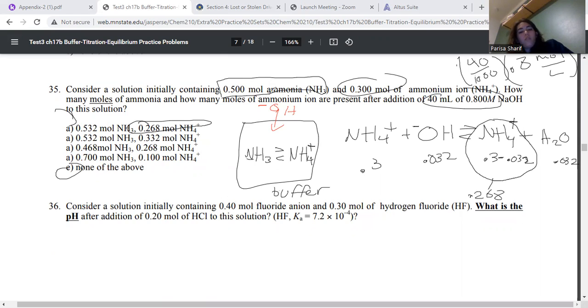There was initially 0.5 of the NH3, but now there's going to be a little bit more. And the reason that there's going to be a little bit more is this. So when this ammonium gives its hydrogen away to OH minus and creates H2O, you have to recognize what it becomes.